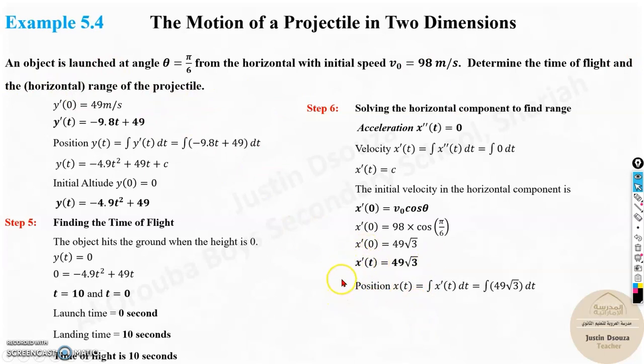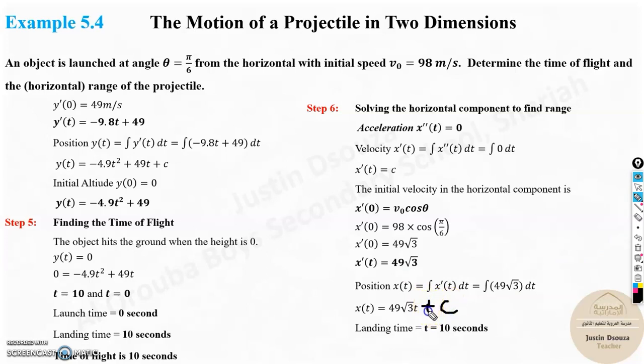Integrate this and you'll get the position. The integration of 49 root 3 times t, it's a constant. When it is 0, the 0 will be gone and only c will remain. So x is 49 root 3t, and now we have to write the plus c over here.